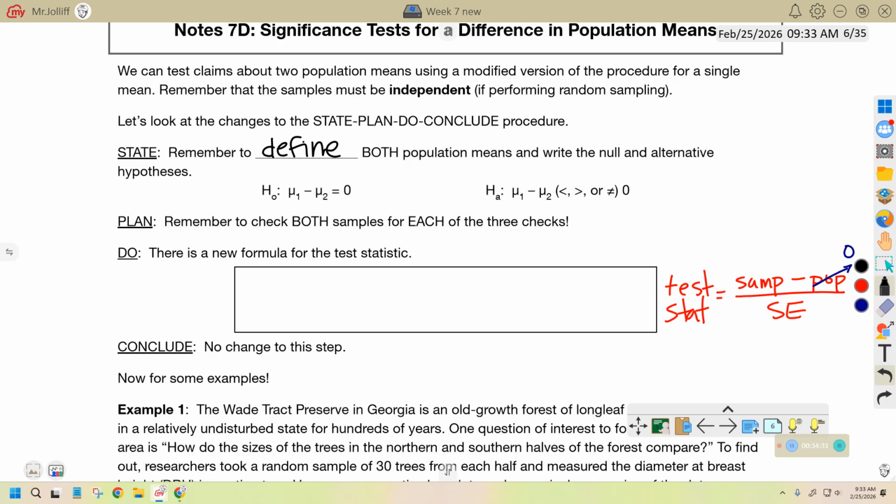So I end up with either a Z test, which is X bar 1 minus X bar 2 minus 0, which we don't care about, over the standard error, which we know is an ugly fraction with a square root.